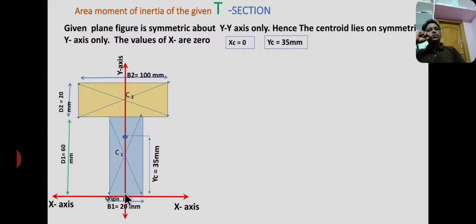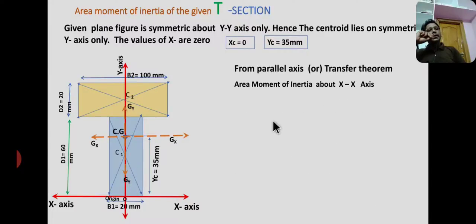From here to here is 35 mm for yc. The x equal 0 means the point lies on the y axis. Therefore the centroid CZ lies on the y axis. CZ refers to the centroid or center of gravity of the entire T section. C1, C2 are the individual centroids. Here GX axis is the centroidal x axis, GY axis refers to the centroidal y axis.